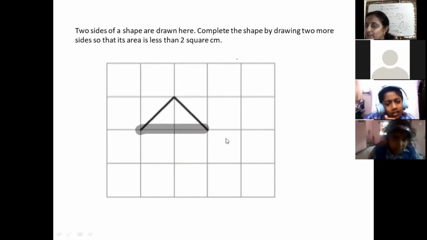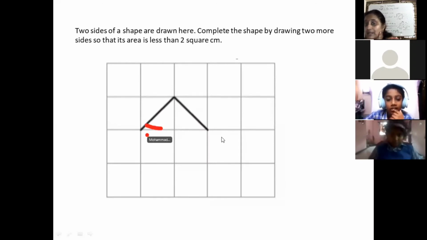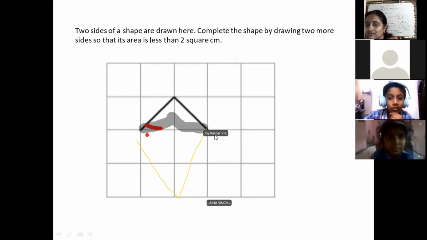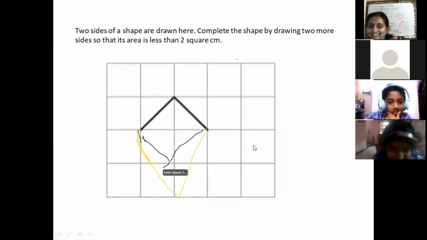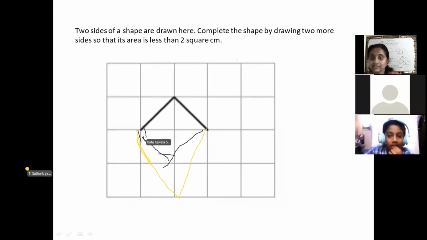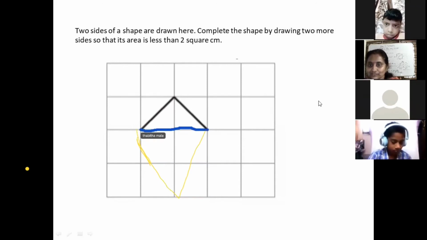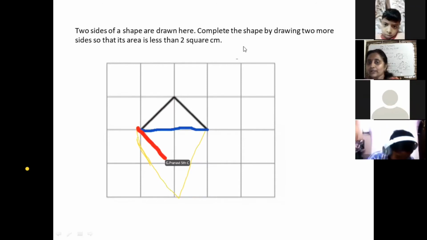Not 1, Joy. 2 line segments you have to draw. 2 more sides you have to draw. But it should be less than 2 square centimeters. No. Laina also trying. Ujjwala also trying. Okay then. Leave it, ma. I will tell you. Yeah, Satvik, do you want to do? Shivakarthik, do it, ma.